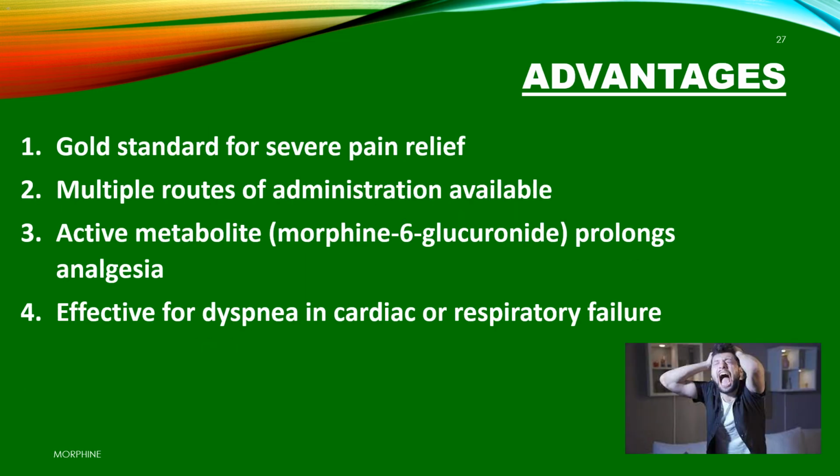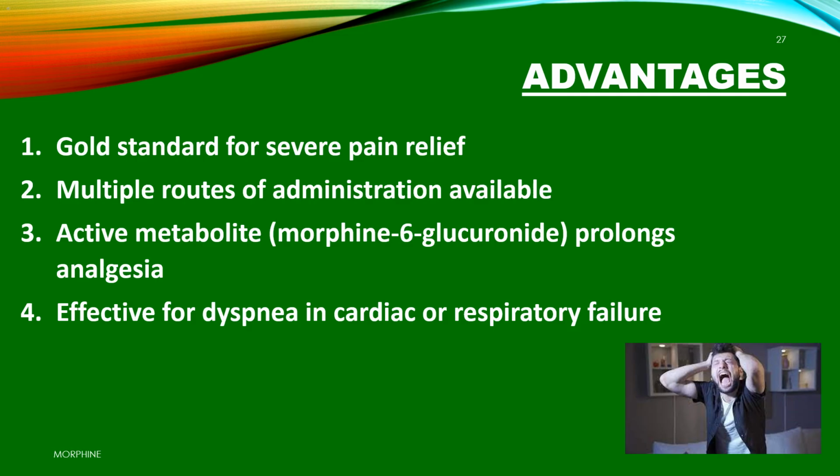Advantages of morphine. 1. Gold standard for severe pain relief. Morphine is considered a gold standard for treating severe pain due to its effectiveness and rapid onset of action. 2. Multiple routes of administration. Morphine can be administered through various routes, including oral, intravenous, intramuscular, subcutaneous, and epidural, providing flexibility in treatment options. 3.